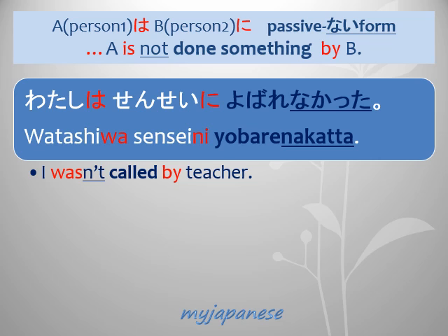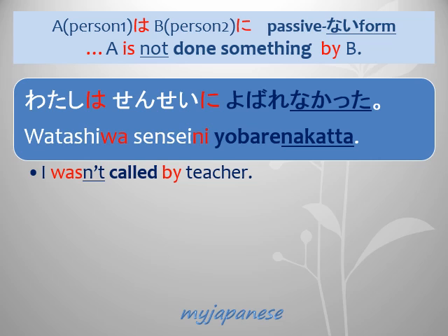This time, let's make the previous sentence negative by changing the conjugation to ない form. In the past tense, ない becomes なかった. 呼ばれなかった, wasn't called. Sentence: 私は先生に呼ばれなかった。I wasn't called by the teacher.